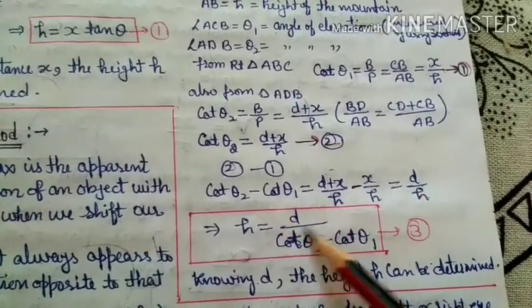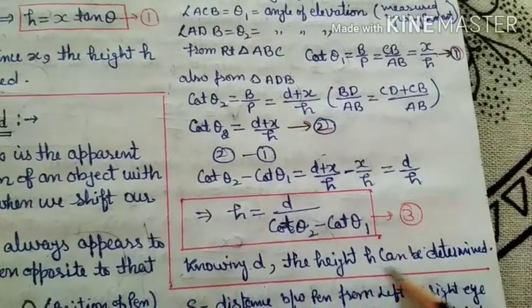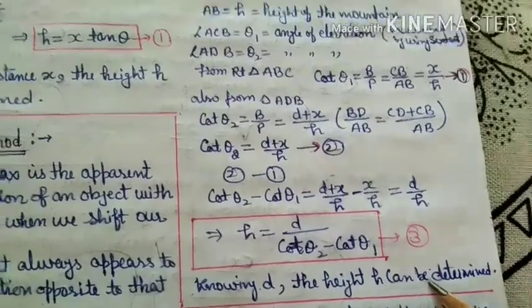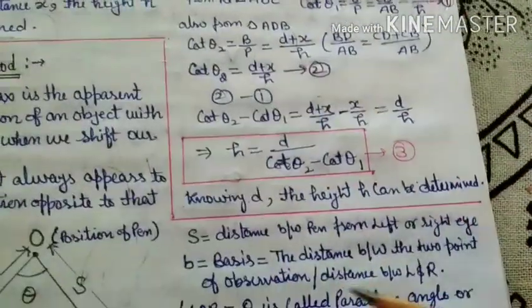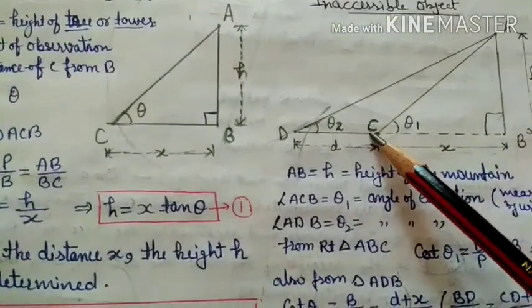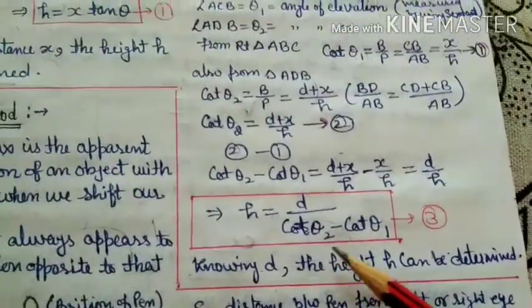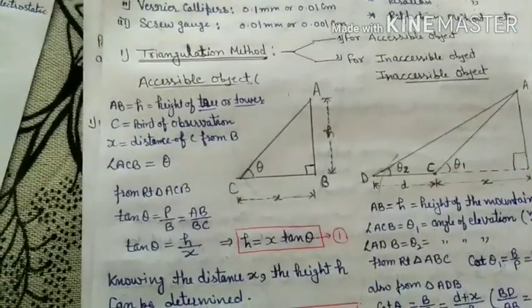Simply by knowing d and theta 1, theta 2, we can measure the height of an inaccessible object. So that is all about the two methods, accessible and inaccessible. The result is h equals d upon cot theta 2 minus cot theta 1, where d is the distance between the two observing points C and D on the same side. So this is all about the triangulation method for accessible and inaccessible objects. Hope you understand. Thank you.